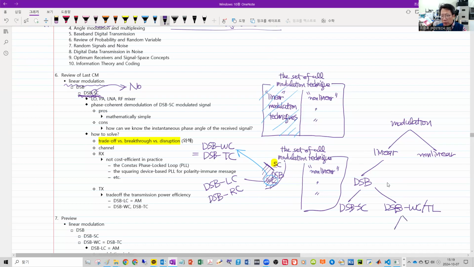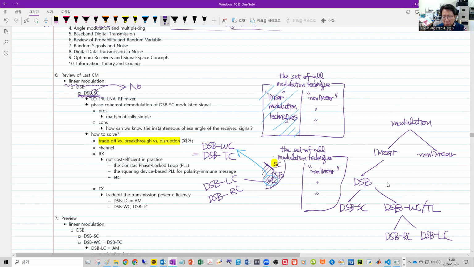And within this double sideband with carrier, there is double sideband reduced carrier and double sideband large carrier. Got it? I believe this tree is much more clear than the Venn diagram.